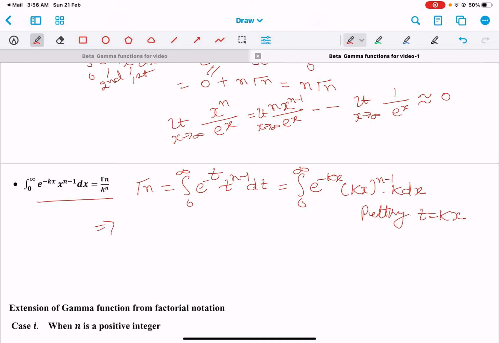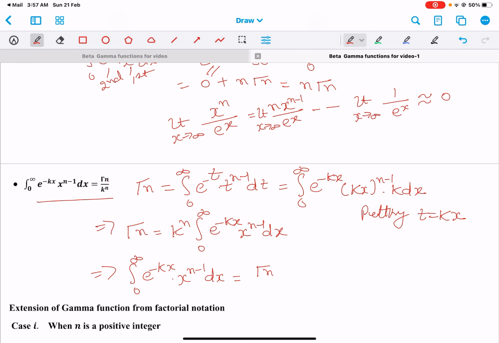This implies that gamma n equals k to the power n times the integral 0 to infinity e to the power minus kx, x to the power n minus 1 dx. And this implies that the integral 0 to infinity e to the power minus kx, x to the power n minus 1 dx is given by gamma n upon k to the power n.